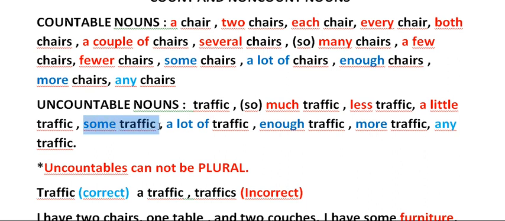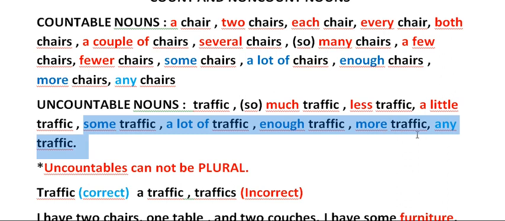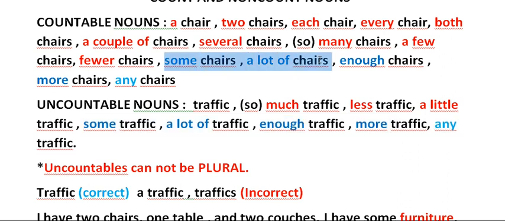As I said, the blue ones we can use also with countable nouns. Here, uncountables cannot be plural. What does it mean? We say traffic, that's correct, but we cannot say a traffic, or make it plural. We cannot say traffics.